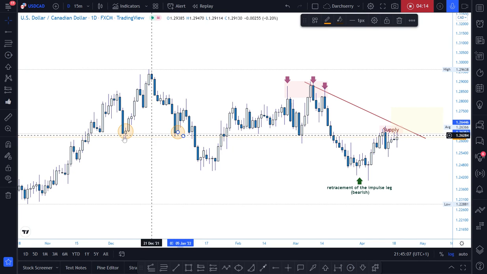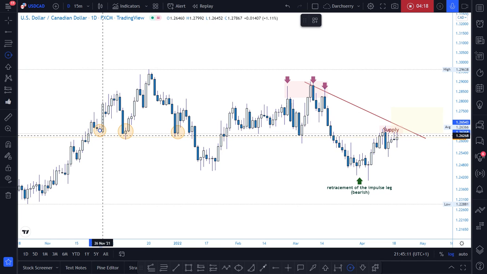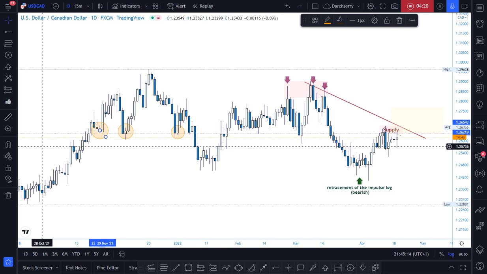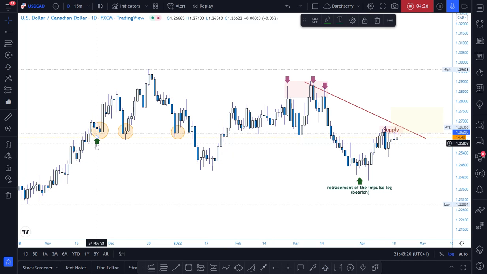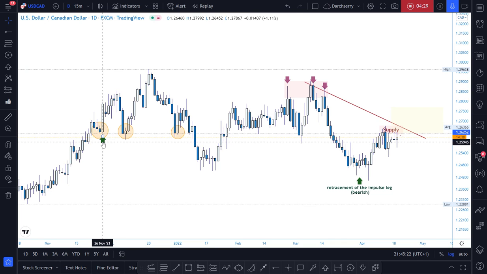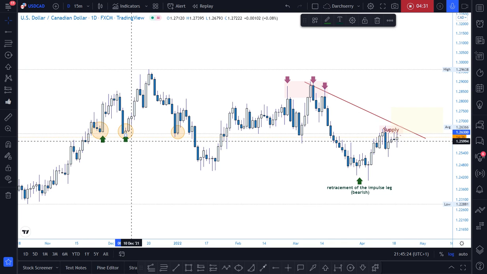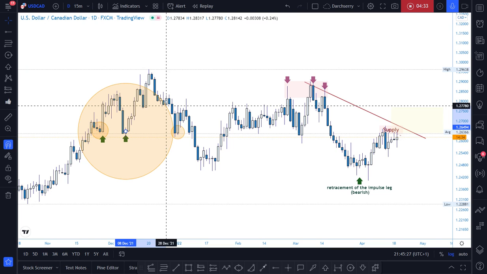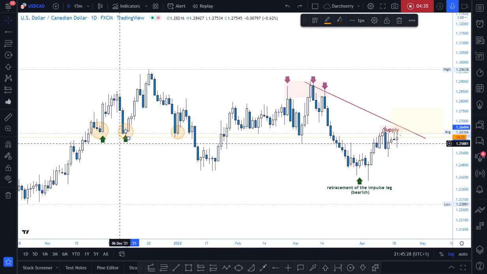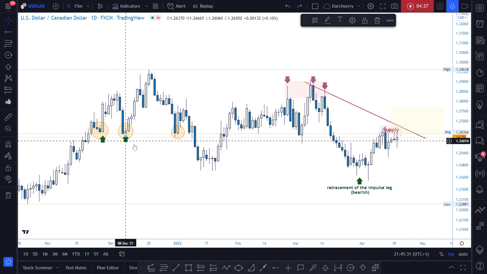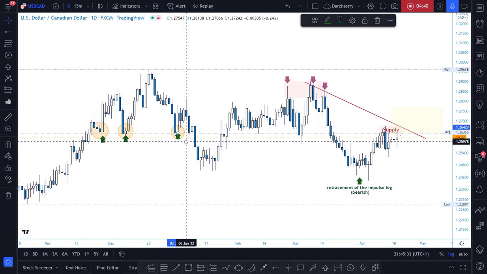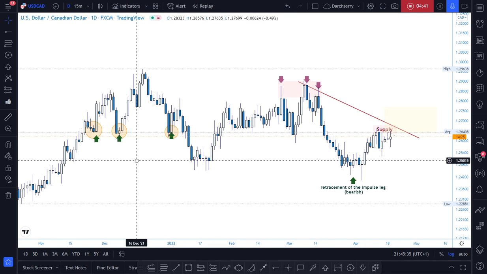And if you look at these three areas, we saw that price was supported at that area, and at those points in time, we saw that price moved to the upside, as you can see. And this gives me a clue into how strong that level is.